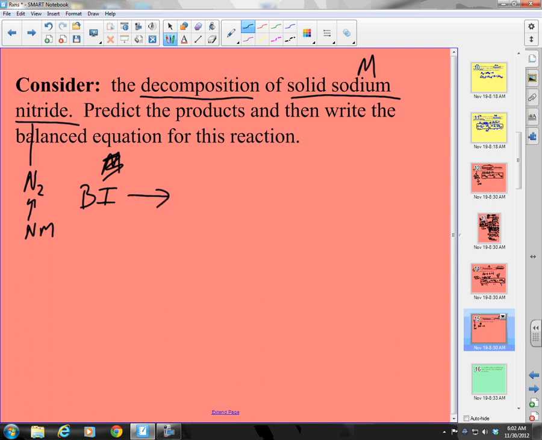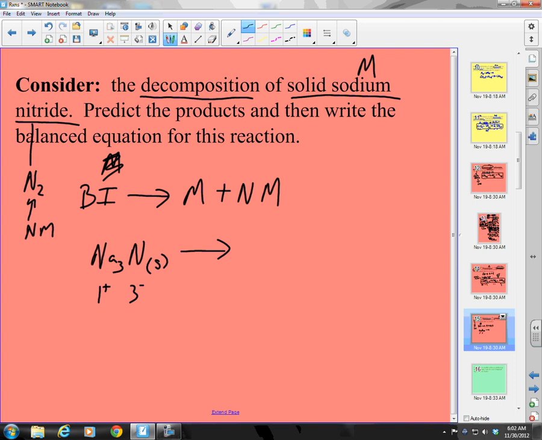Binary ionic compounds decompose to form metals plus non-metals. So sodium nitride, so Na and N. Now, typically my sodium, when it is a cation, is a +1. My nitrogens form -3s. So that means I need 3 sodiums, solid. What's going to happen to this?